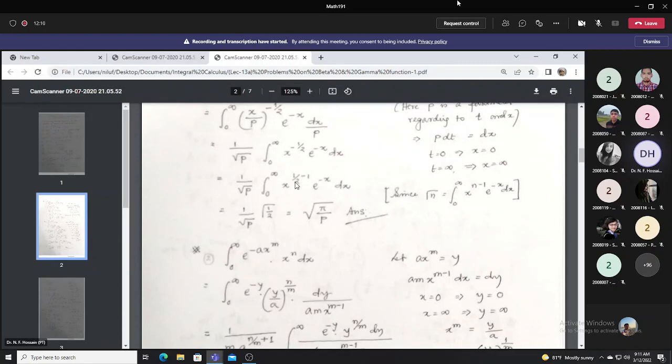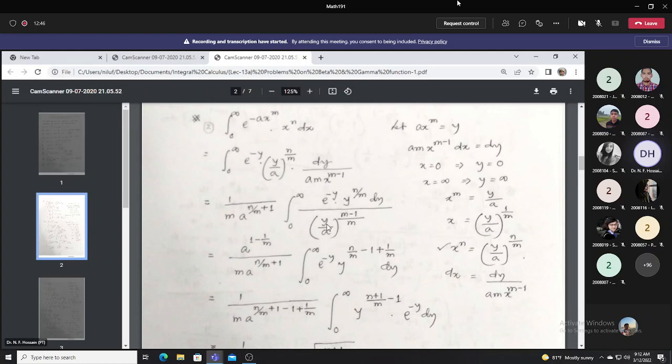So the result should have 1 by root over p, and for this integral the result should be just gamma half. It goes to the formula 0 to infinity x to the power n minus 1 into e to the power minus x dx, which is nothing but gamma n, and here in place of n you have half. So gamma half, and we know the value of gamma half, it is root over pi. There is another root over p in the denominator, so ultimately it should be root over pi divided by p. So this is the answer.